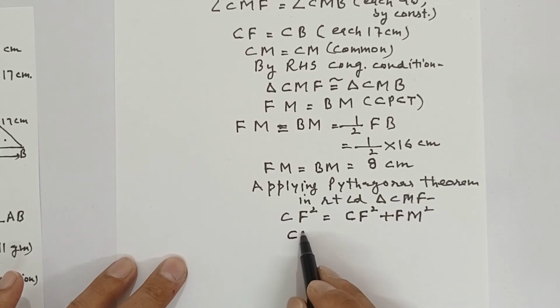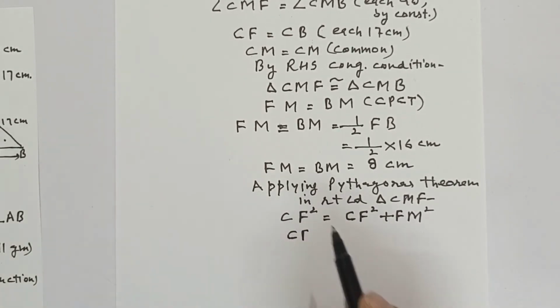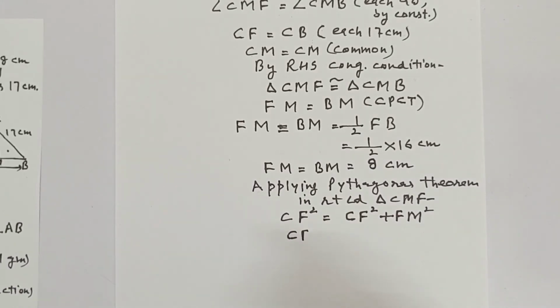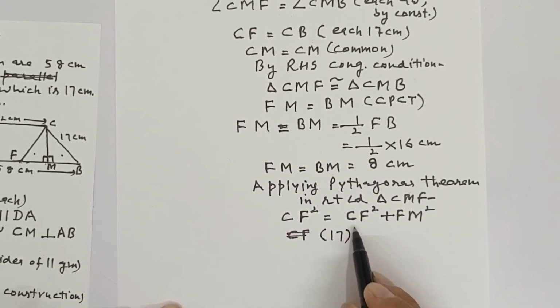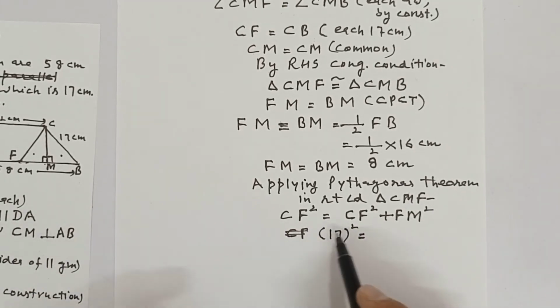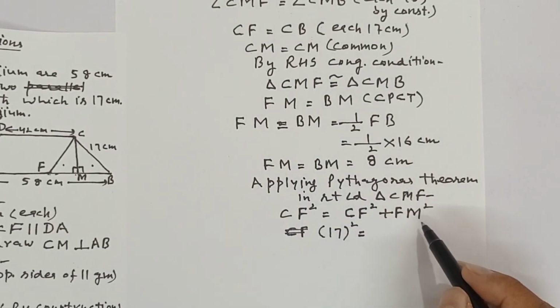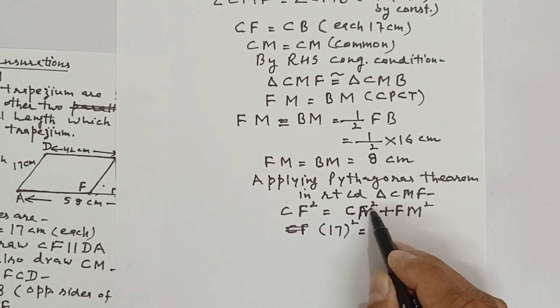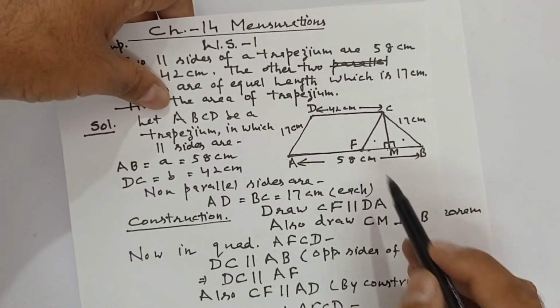From here CF square, CF is already found by you. What is CF? Look, CF is 17. So what you will do? Put here 17 square. Now look here. CF square is equal to FM square plus CM square. Again I am explaining.